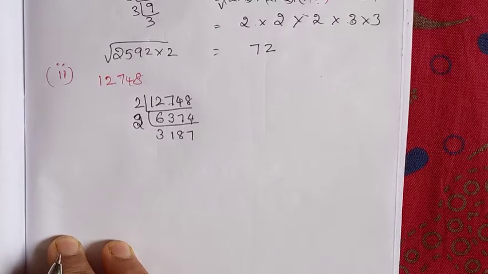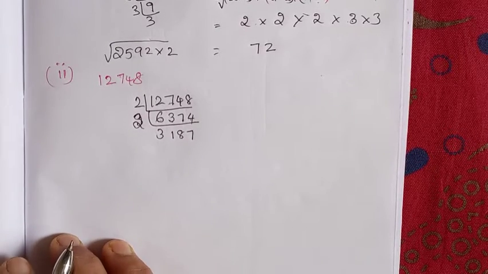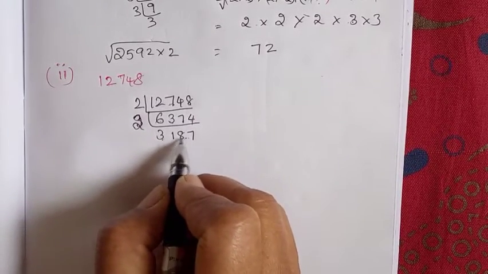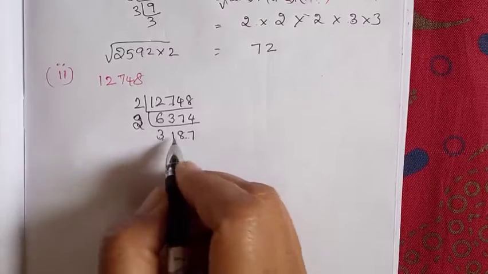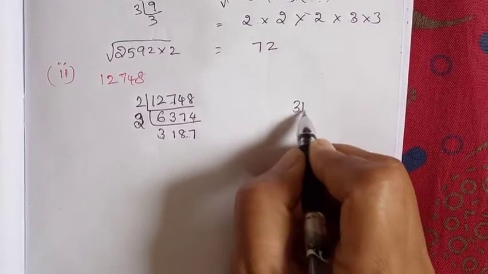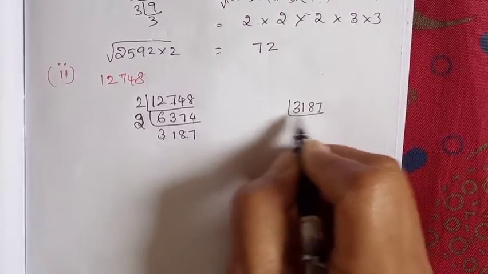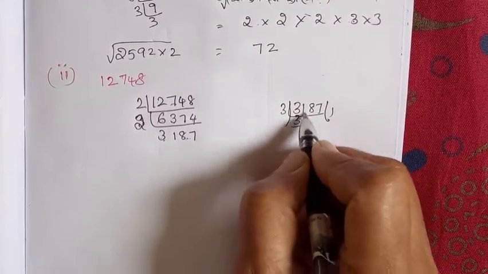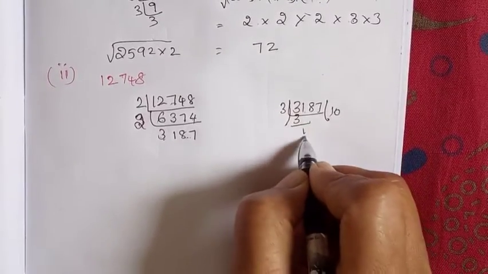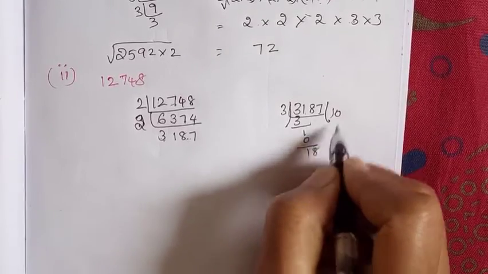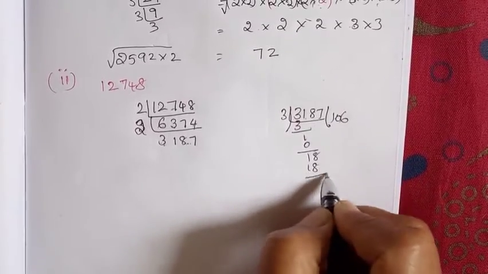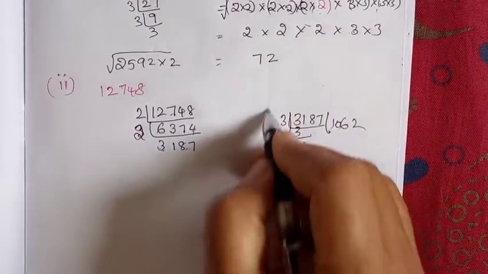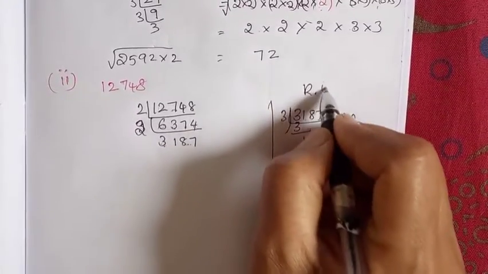Now, can we divide 3,187 by 3? Let us try. 3 ones are 3, 3 zeros are 0, then 1 and 8, 3 sixes are 18, and 7. So 3 twos are 6, remainder 1. This is just rough work, children.